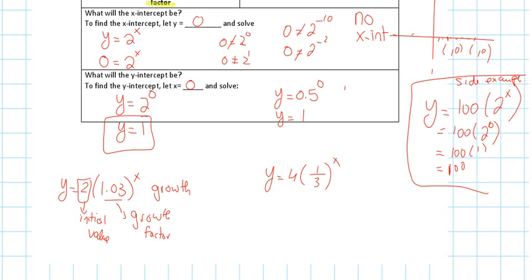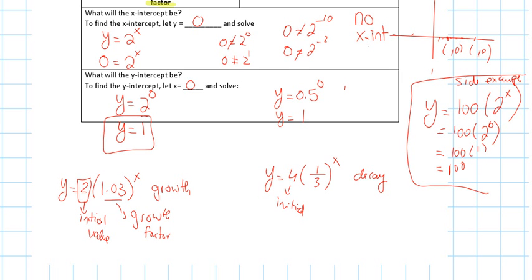Decay? Okay, why? It's between 0 and 1, right? 1/3 is between 0 and 1, so that's a decay. That's 0.3333, right? Okay, what's your initial value? And is it a decay factor or a growth factor?